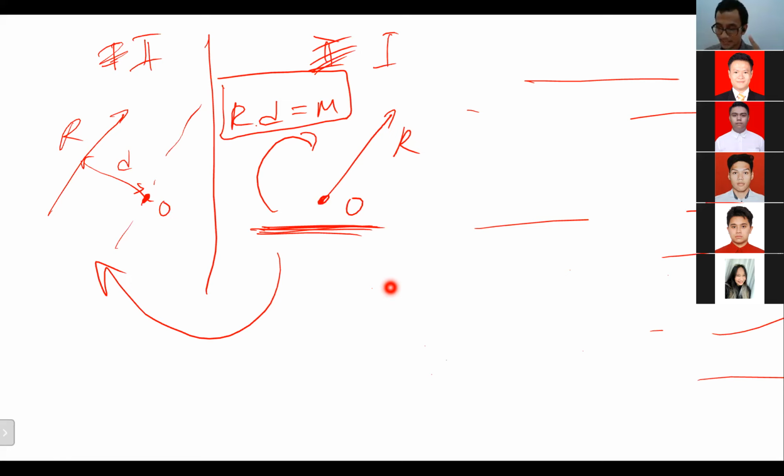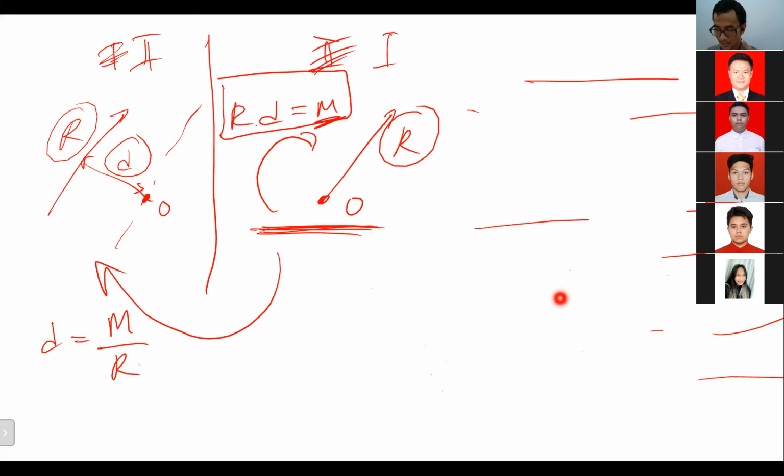Because the magnitude is the same, R and R, what we can control right now is the perpendicular distance d. So the perpendicular distance d is the same as the moment divided by our resultant force R.